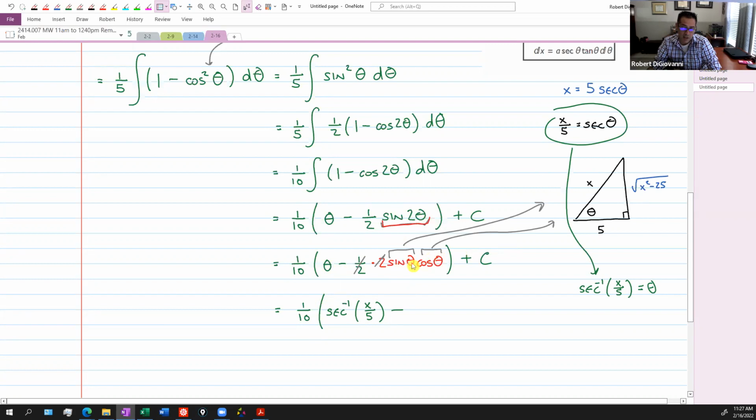Sine is opposite over hypotenuse, so it's this over this, the square root of x squared minus 25 over x, times, because this is sine theta times cosine theta, cosine theta is 5 over x, 5 over x plus c.